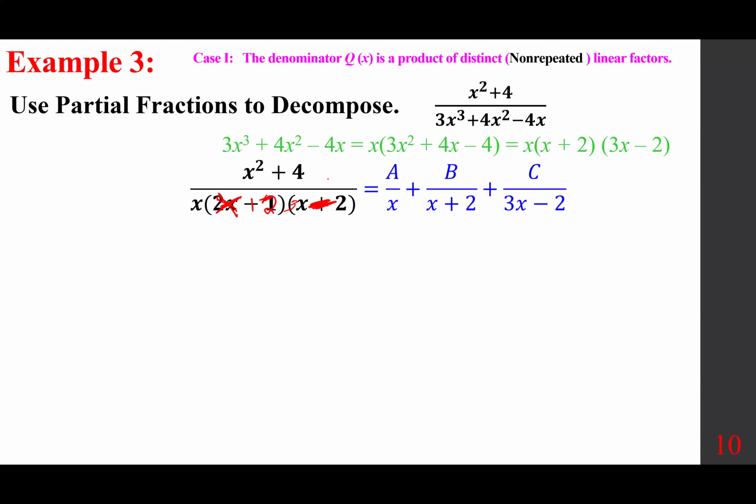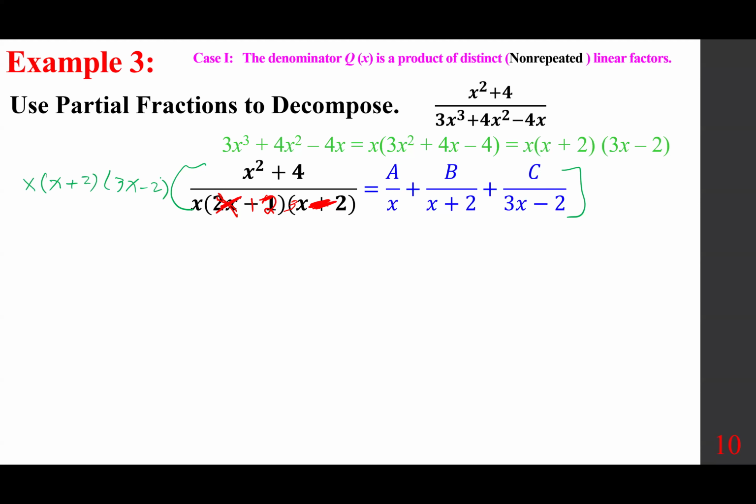So if we multiply both sides by x times x plus 2 times 3x minus 2, we can clear out the denominator.